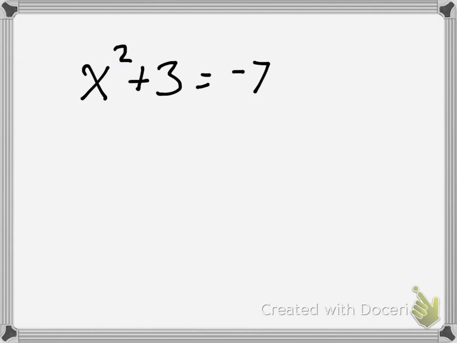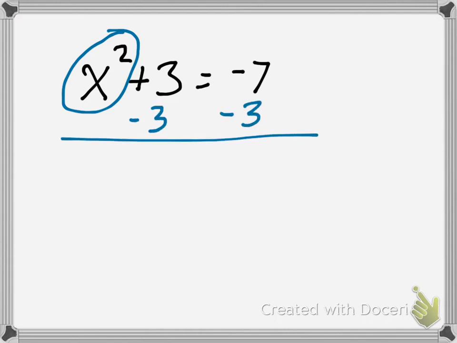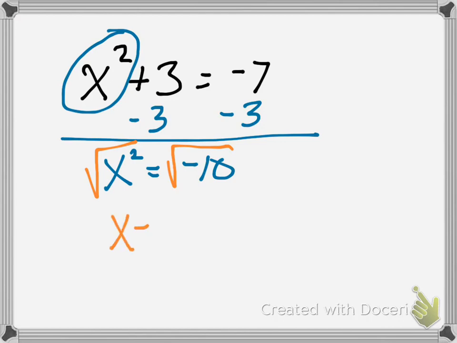Next example we want to look at, a little bit more complicated. x squared plus 3 equals negative 7. First, we have to isolate the variable, get x squared all by itself. We will do that by subtracting 3 on both sides. x squared equals negative 10. Now that the x squared is all by itself, we can square root both sides right now. x equals plus minus.